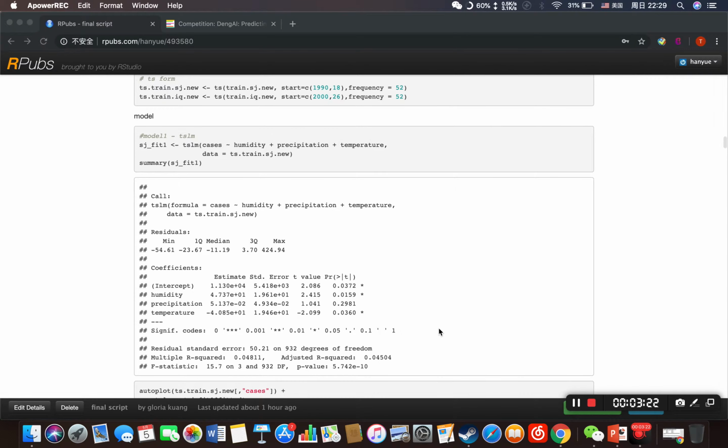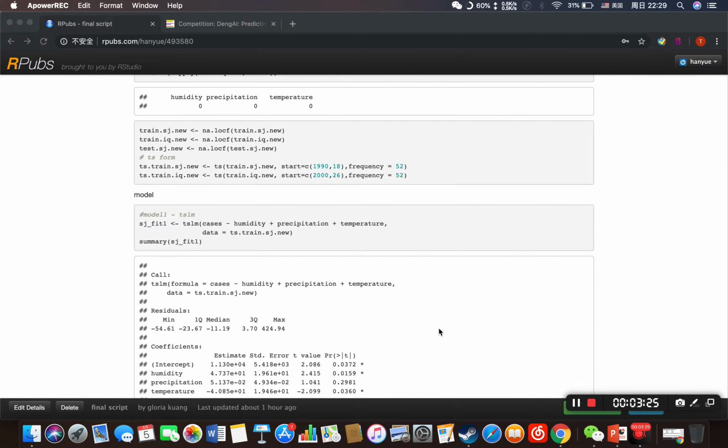So the three models. Our purpose is to examine the relationship of climate change on the disease, and also to predict the future disease based on the model's relations. So I chose the TSLM, which is the simplest, regression with ARIMA errors, and the neural network. What all three of these models have in common is that they can include exogenous regressors.